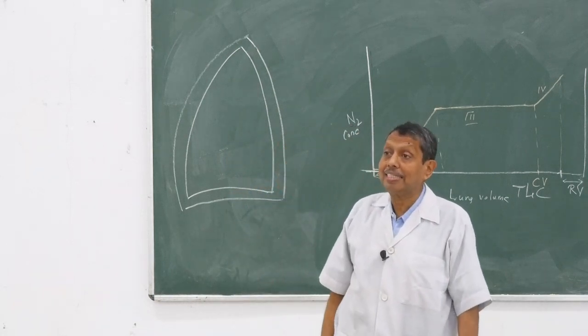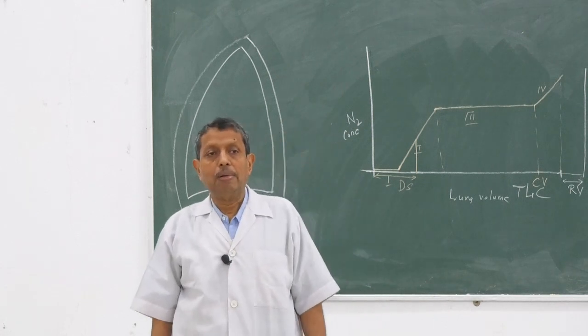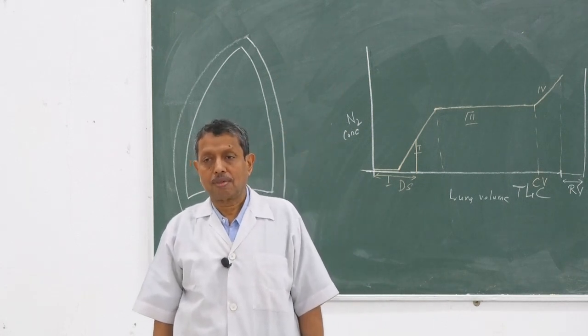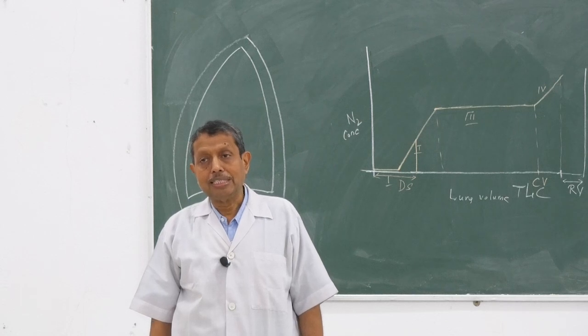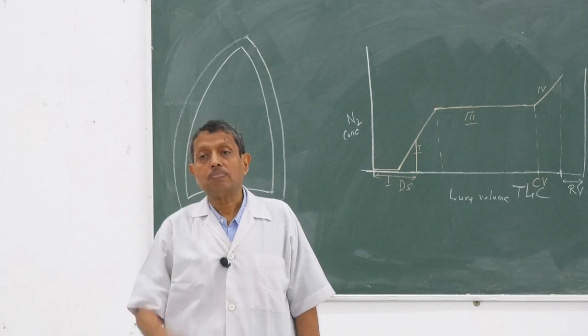Interpleural pressure is less negative at the base of the lung, and more negative above.